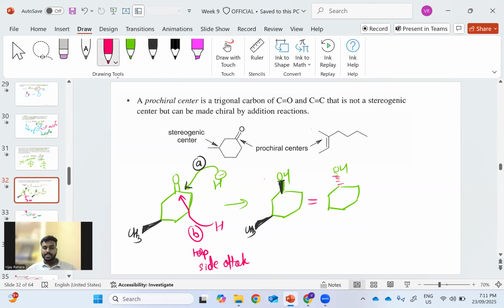At that time, we get the hydroxy group directing downward, and the stereochemistry of this methyl group remains the same. So these two are not equivalent. They are basically enantiomers of each other. So here we get two different products. Depending upon the reagent we use, and also the stereochemistry of this chiral center, we decide the stereochemistry.